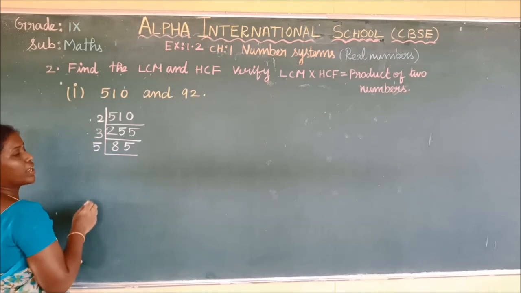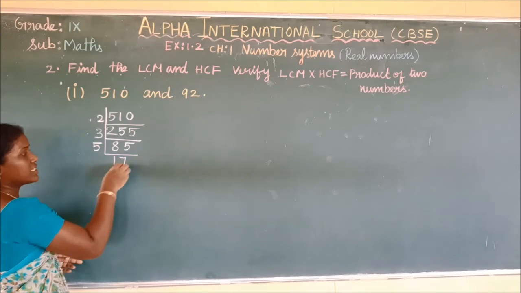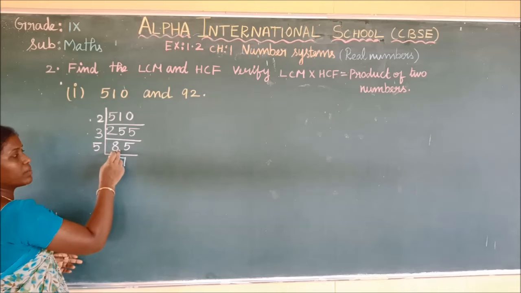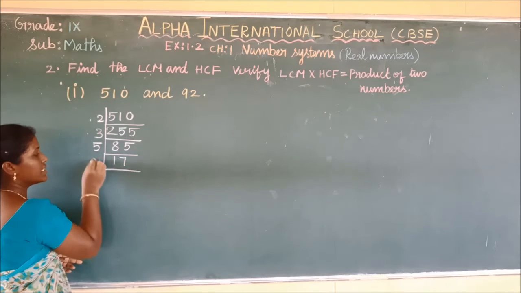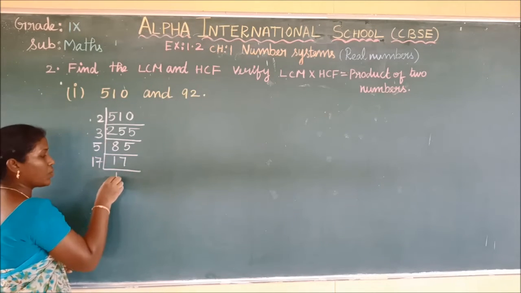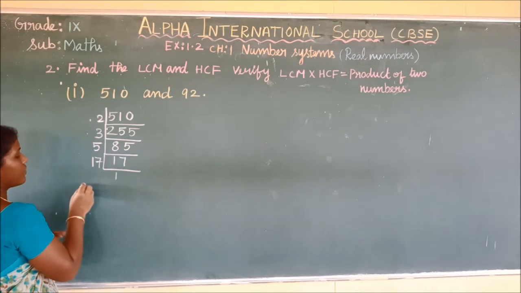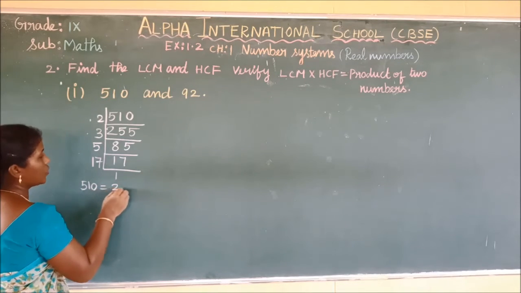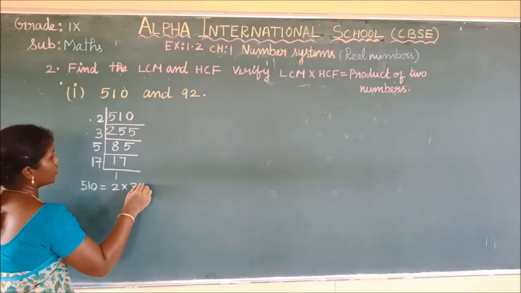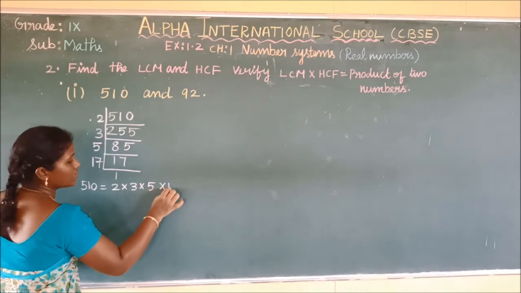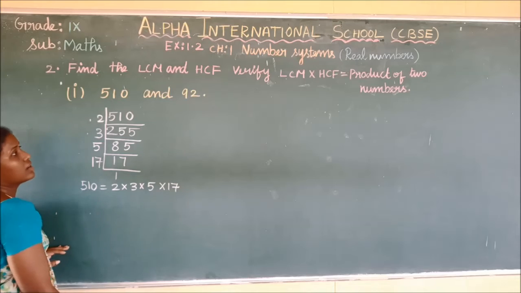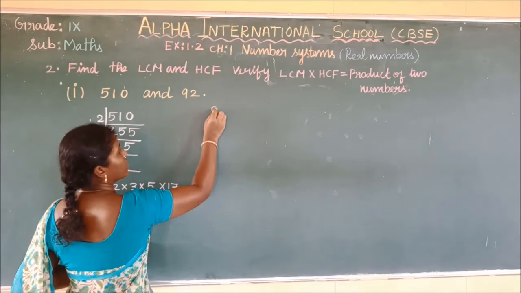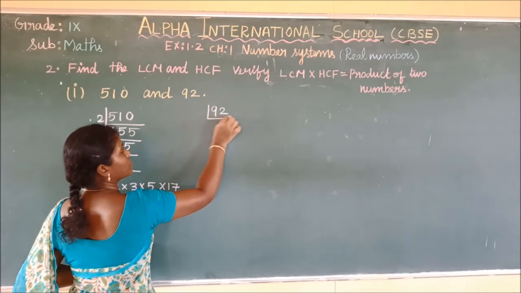Again solve using 5. 5 times 7 is 35. 17 is a prime number, so 17. That is, 510 can be written as 2 into 3 into 5 into 17.